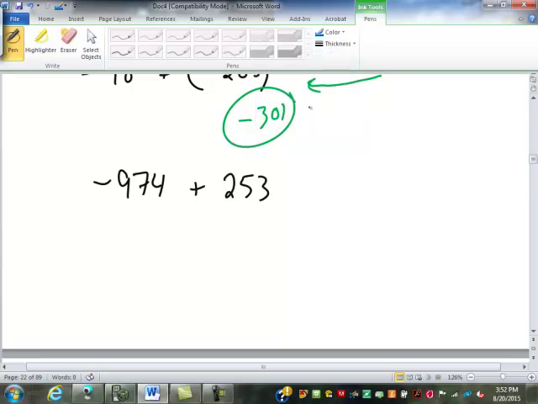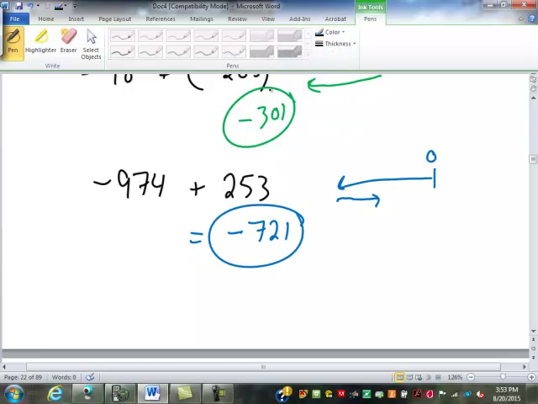Try this one quick. So from 0, negative 974, same or opposite? Opposite. Longer or shorter? Shorter. So we got negative, we subtract them, 721.